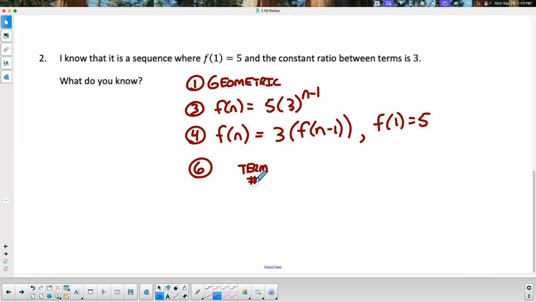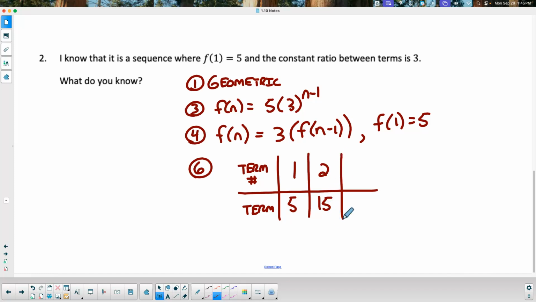Like the 3 times f of n minus 1 with 15 after. Did you go f of 2 equals 15? If you went f of 2 equals 15, then you could put f of 2 equals 15 here, and so on and so forth, right? Okay, love it. Number 3.